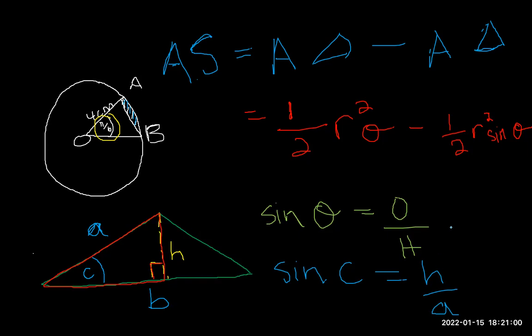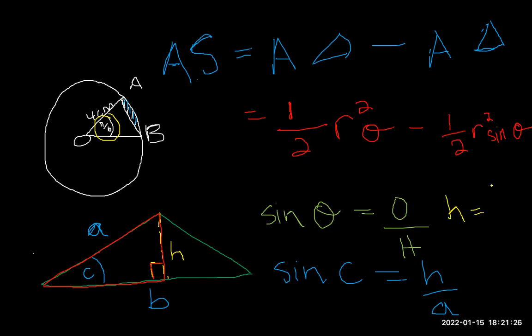So if I make H the subject of the formula here, what would H be equal to? I want H by itself, so I need to get rid of this A. How would I get rid of the A?